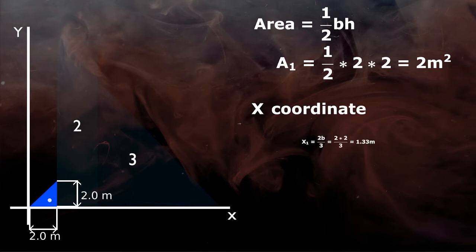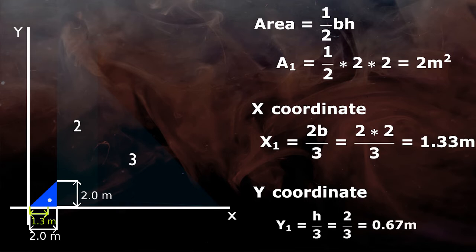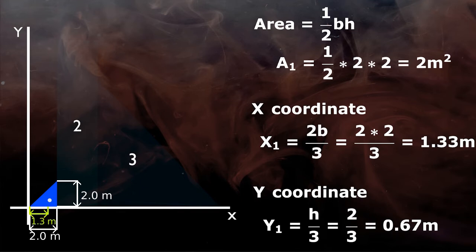X coordinate of triangle 1 is 2 multiplied by the dimension in x direction, which is 2, divided by 3, that is 1.33 meter. And the y coordinate is height by 3. So the y coordinate in this case is the dimension in y direction, which is 2, divided by 3, that is 0.67 meter.